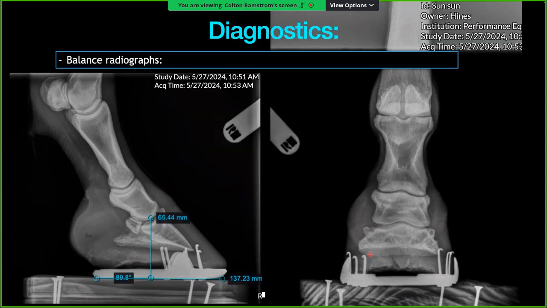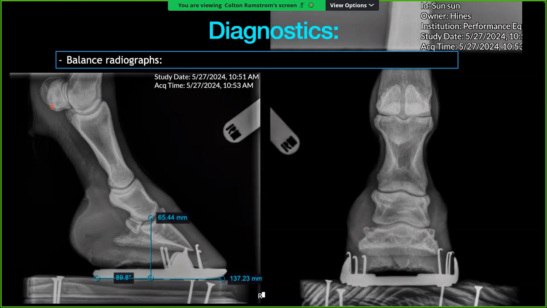Maybe a very, very mild medial lateral imbalance, but we can see cannon bone's now perfectly straight here, so maybe that little bit of increase in length on that lateral aspect is positional. Either way, that's minimal. Here we do have a little bit of gas up in between the heel bulbs, or maybe in the heel itself. So we can't see it on the DP, but we can see that there's some suspicious gas lucency here.